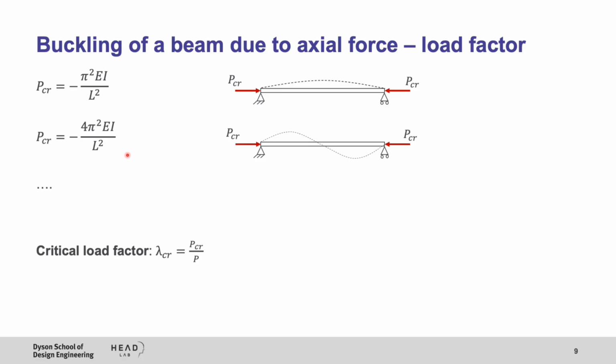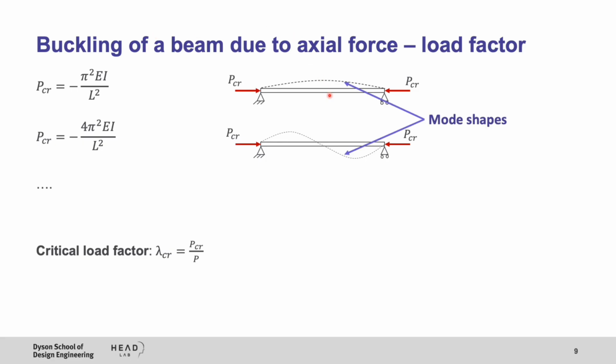For instance, we could have this critical value, which is 4 times larger than this one, and the corresponding shape of the beam at buckling would be like this. So this is a complete sine. And so on. So we can have an infinite number of critical loads that would satisfy the condition.